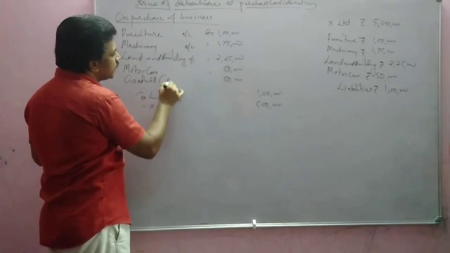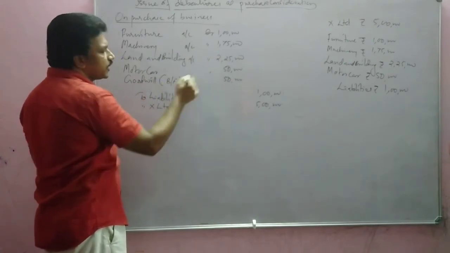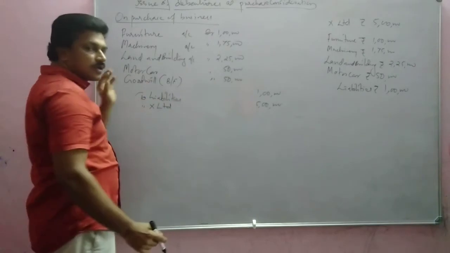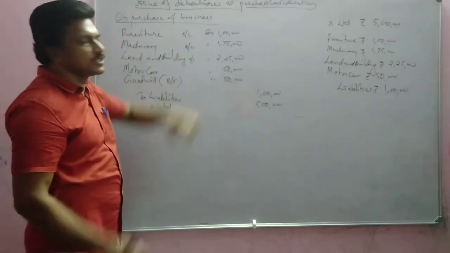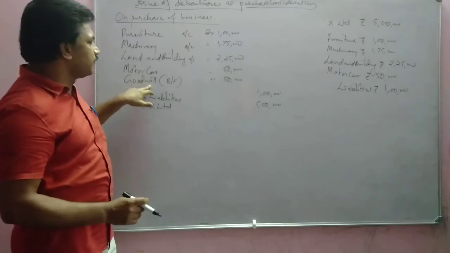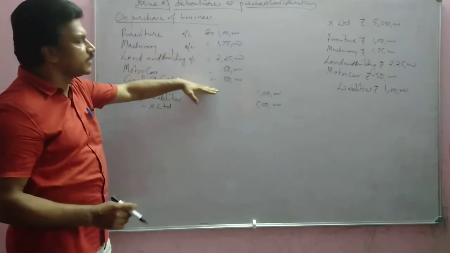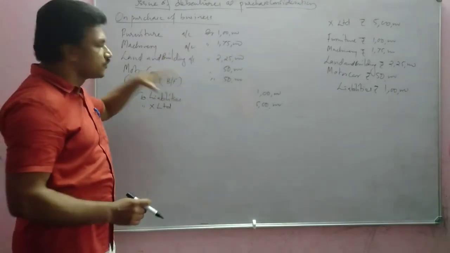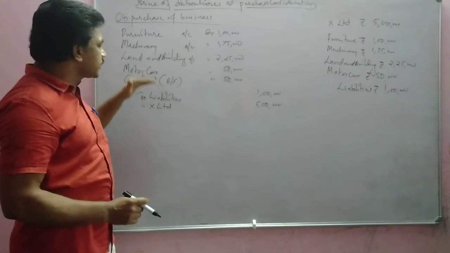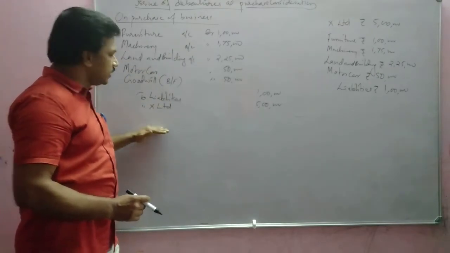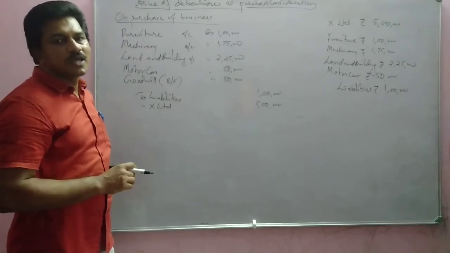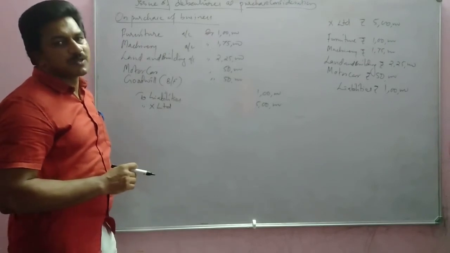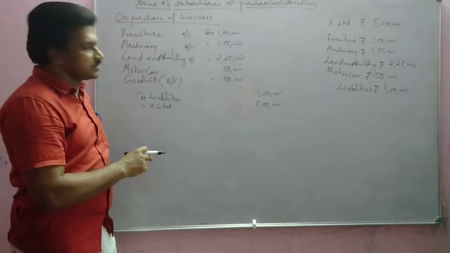Goodwill, that is the balancing figure. This and all we have seen in the case of issue of shares for purchase of a business. So if the balance comes on the debit side, it will be considered as an asset, that means goodwill. And if the balance comes on the liability side, that means credit side, we will consider it as capital profit or capital reserve.